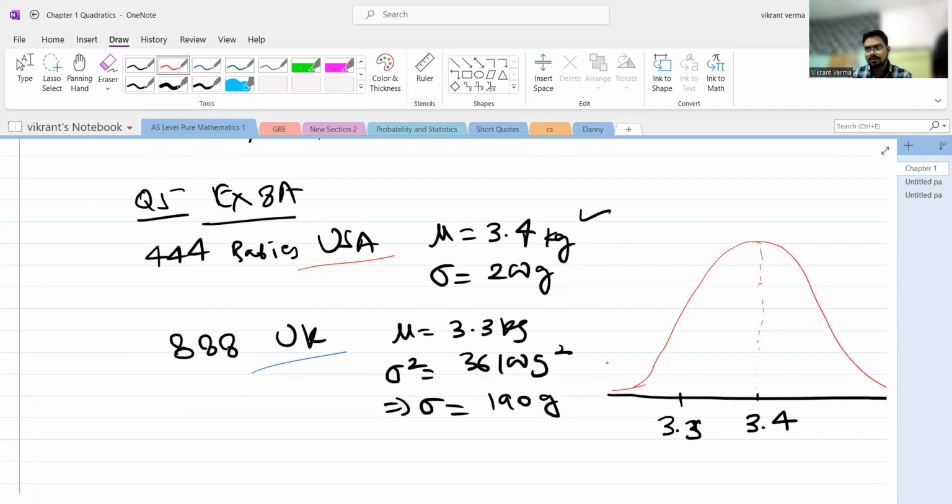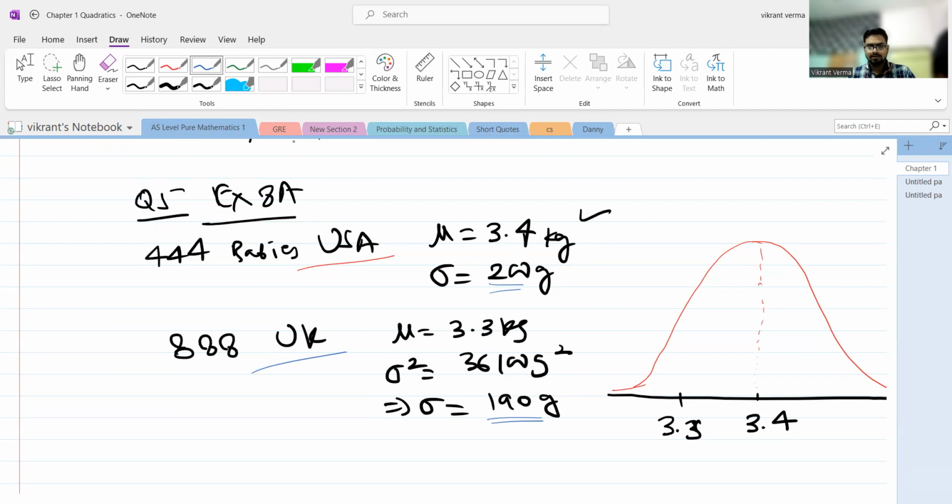If I draw the normal curve for USA in red like this, then for UK the standard deviation is less as compared to that of USA. So its graph should be closer to the line of symmetry, as it should not be much farther away.